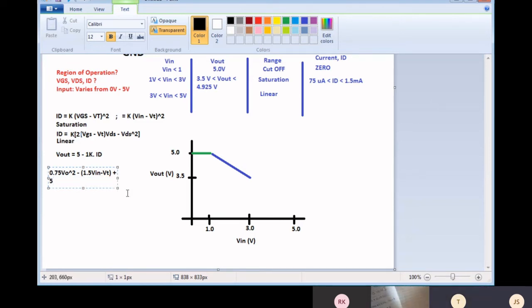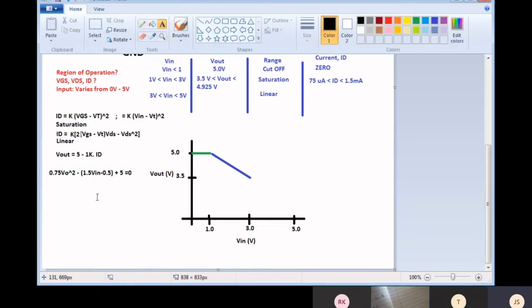Is that right? No, VT is also given, right? So it must be V in minus 0.5 plus 5 equal to 0. Cannot be V in, sorry. It has to be V out only.